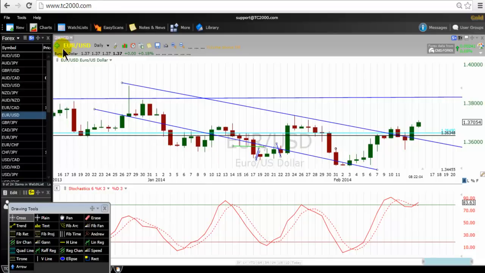Alright, here we are looking at the Euro USD currency pair on the daily chart. I want you to pay attention carefully here. Now, what are we using? If you want to day trade or swing trade, you must use the market pattern.